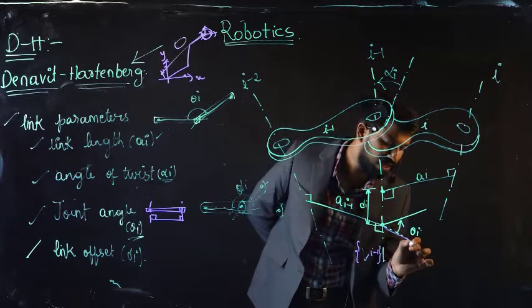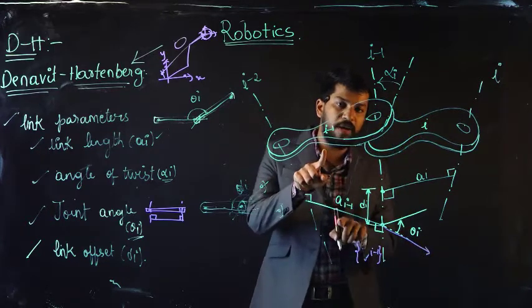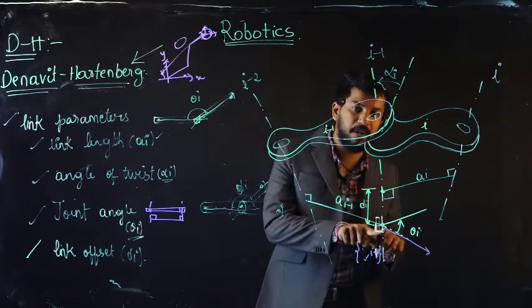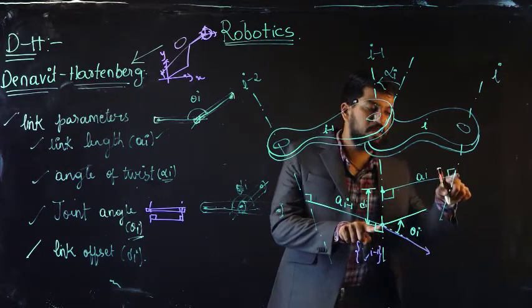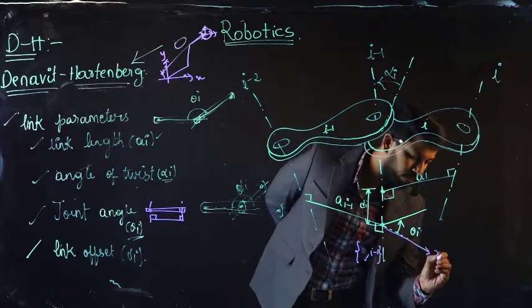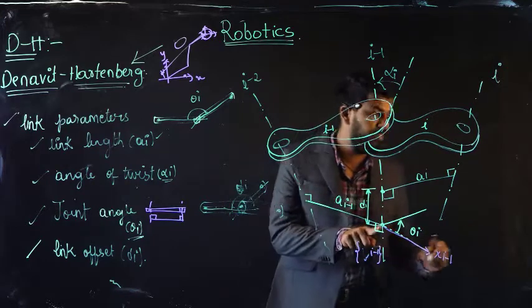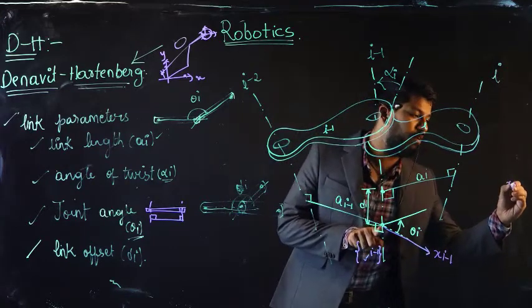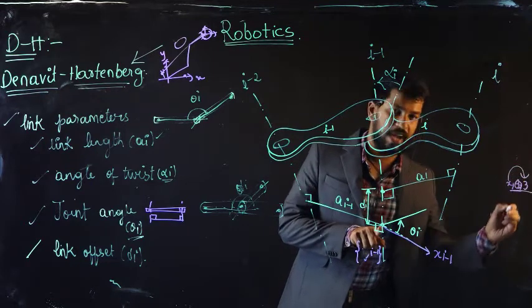So this is along the link length axis compared to i minus 1. This will be my primary or base coordinate system. With reference to this coordinate system, I need to measure my final coordinate, the end effector. So this will be my x i minus 1. If we have x, we need to calculate one more variable, x, y, z. But majorly we will be focusing on x and z.